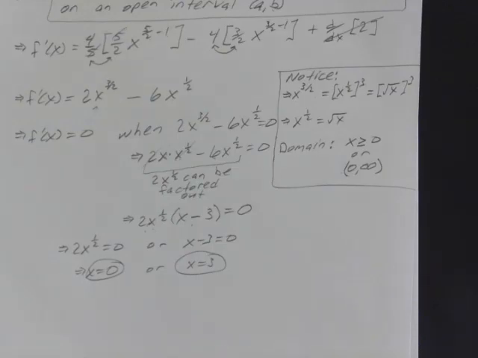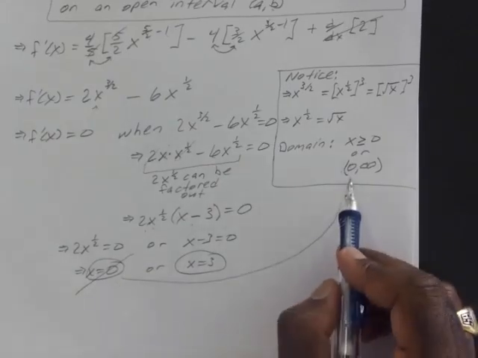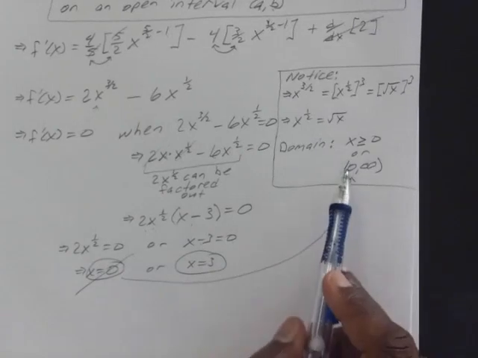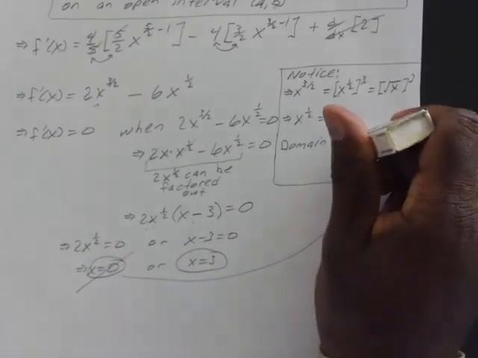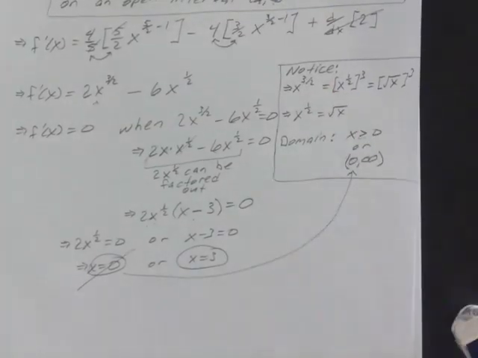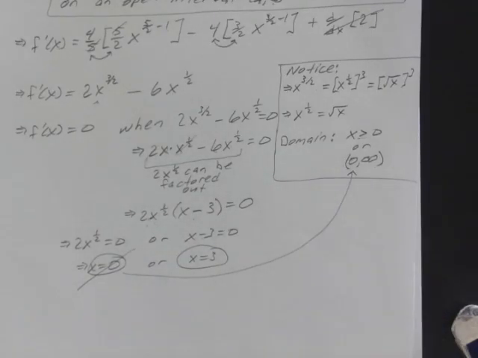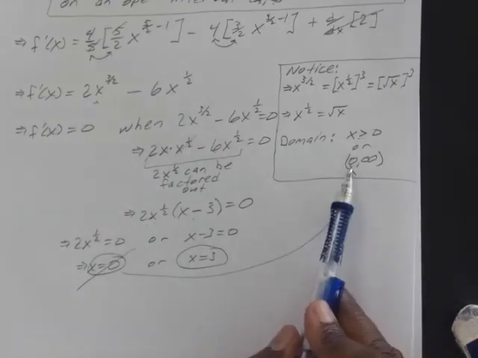Okay. Now we have the 2 critical points for now, only because we cannot use that 0. Because remember the domain, it's an open interval from A to B. So in this case, the open interval is from 0 to infinity, which means x can't equal 0.